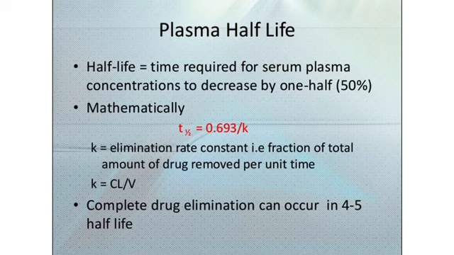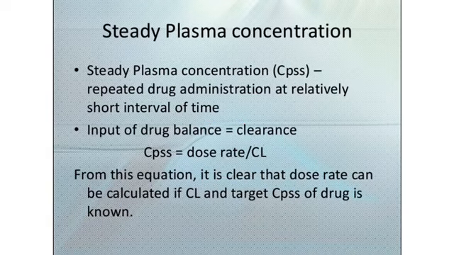Next, the steady state plasma concentration, or CPSS. Yung plasma na steady state, ano yung concentration niya by steady state? It's repeated drug administration at relatively short intervals of time.